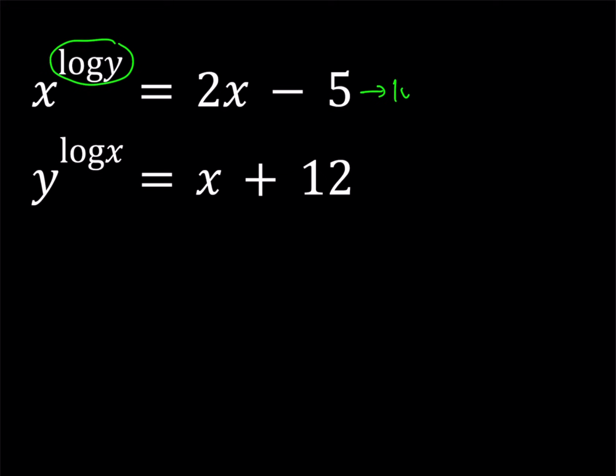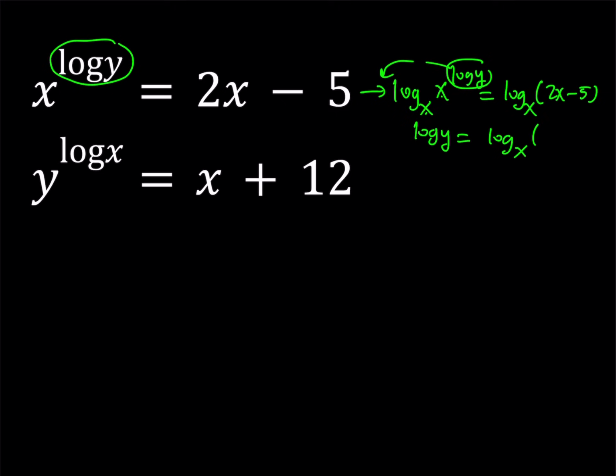So let's use base x here: log base x of x to the power log y is equal to log base x of 2x minus 5. Obviously the power rule moves the exponent, and log x base x is going to be 1, so we can safely say that the left-hand side is going to be log y, and the right-hand side is going to be what it is, something in terms of x, and that's fine.